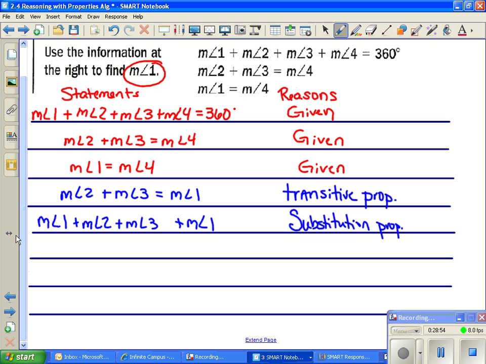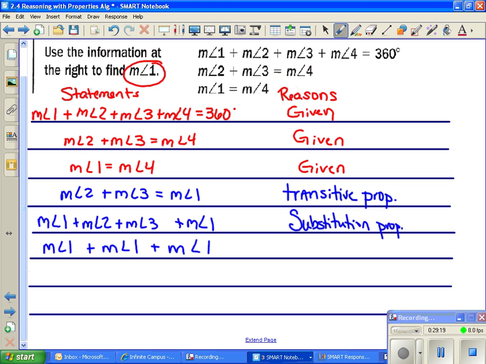Well, if I add them together, what are they? I kind of know what they are. I kind of look at your other stuff that you've written. They're the measure of angle 1. Good. So can I replace them and say that they're the measure of angle 1?